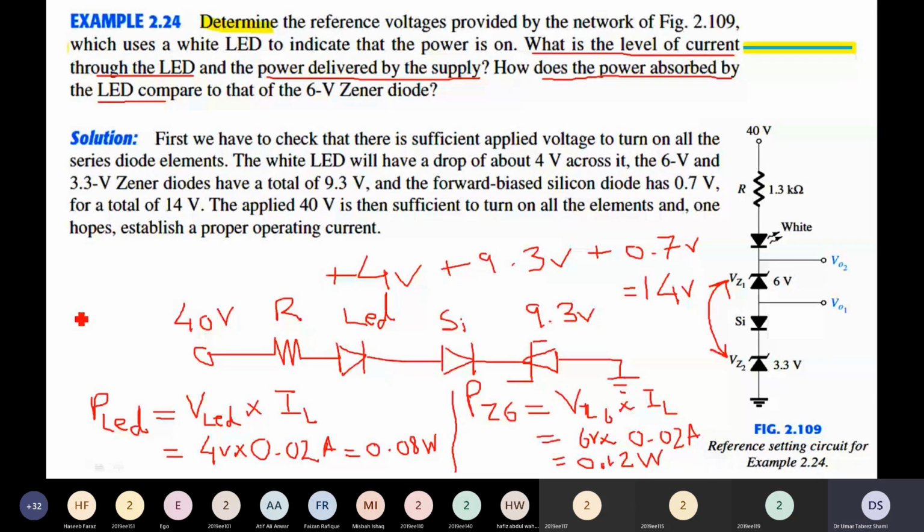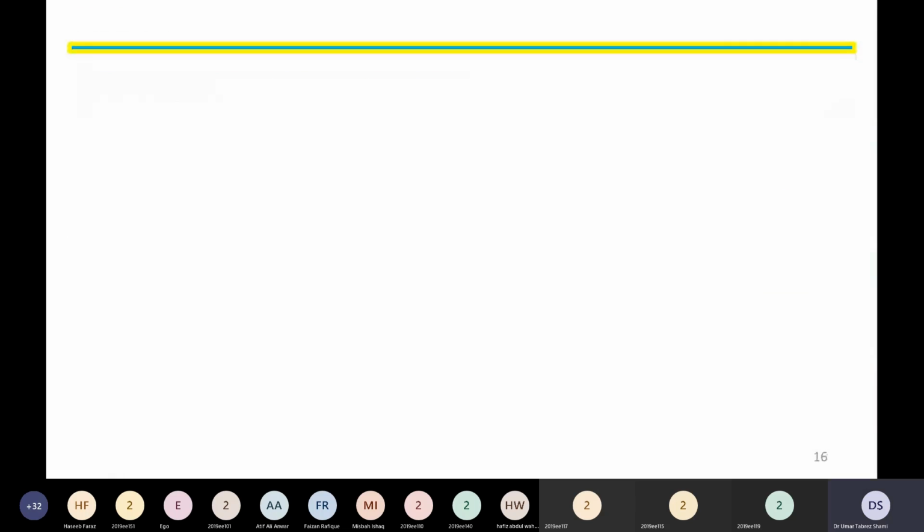In the next slide, we have the solution of example 2.24.